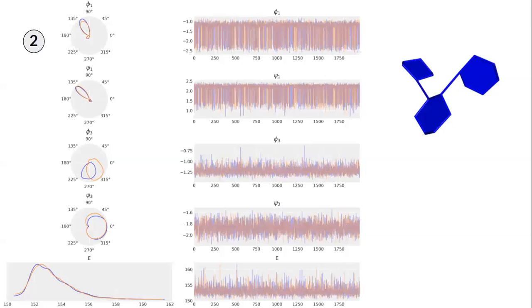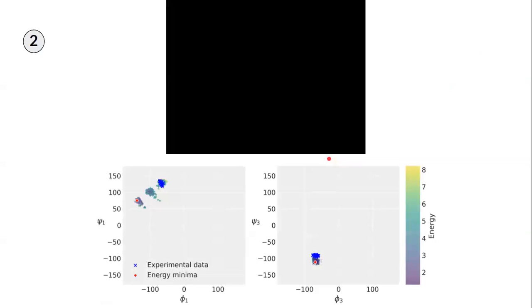Model 2 showed similar results as model 1, but sampling is a bit easier for the sequential Monte Carlo due to the inclusion of the likelihood function. And again, let's use Ramachandran maps and animations to explore the results of model 2.